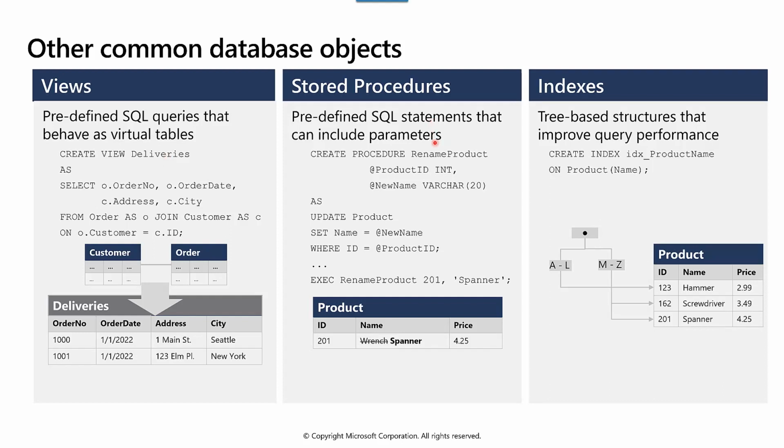Stored procedures: if you want to run any kind of SQL command based on some parameters and those kinds of things, these are compiled, so they run very, very quickly. Okay. Last but not least is indexes.